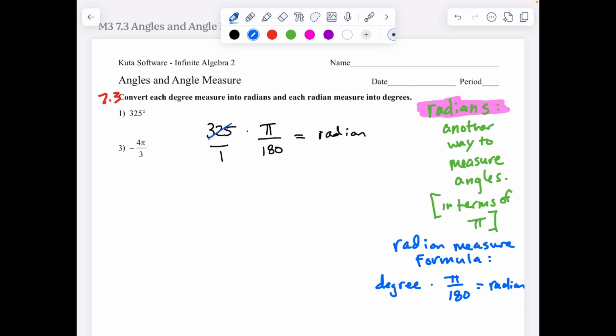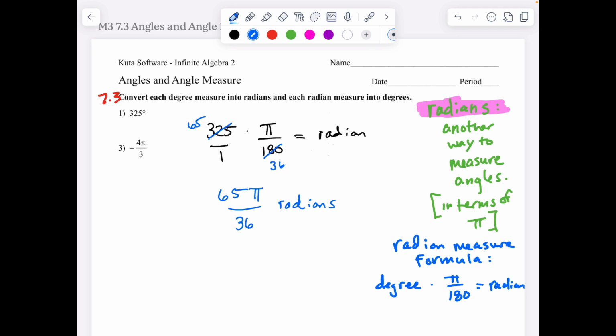So I'm going to divide both of these by 5, and I get 65 and 36. I check for any other common factors, and I don't have any, so I'm just going to multiply top times the top, which is 65 pi over bottom times the bottom. 1 times 36 is 36, and that would be 65 pi over 36 radians. That's number one, converted from degrees to radians.